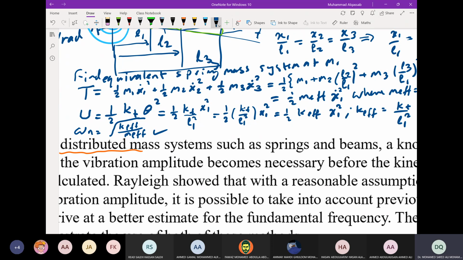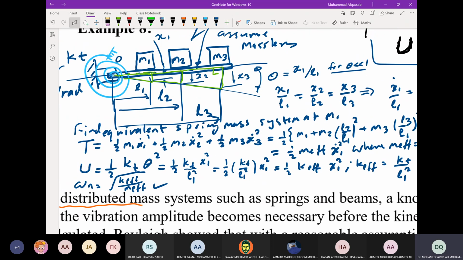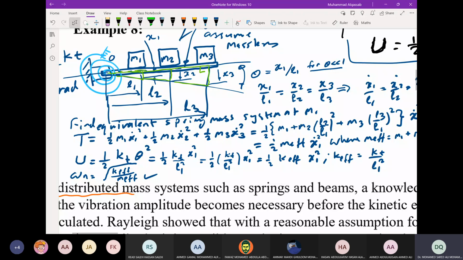If you have a torsional system about O, it means there is no need for getting K effective, because that K is kT directly, but you need the kinetic energy. The kinetic energy expression or the potential energy expression will be different if you choose another point, let's say point 2 or M2, then the shape of the expression will look different.